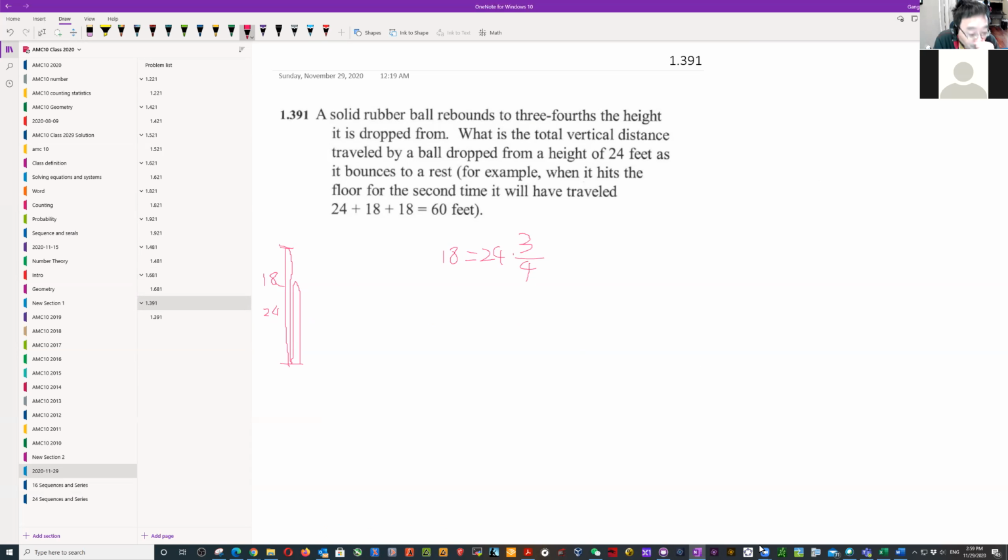And so it's going to bounce lower and lower until it rests. So we're going to calculate the whole thing. It looks like a very daunting, dreary situation, but it's actually very simple.